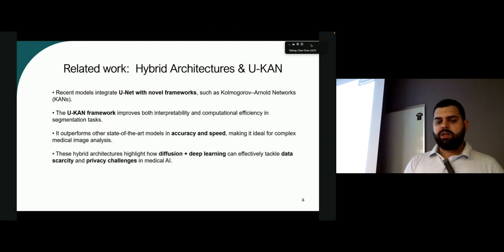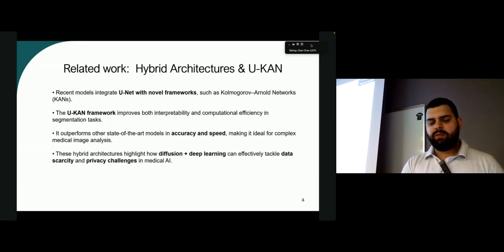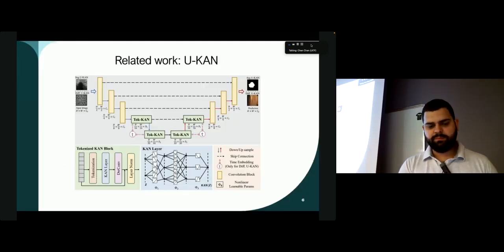By doing this, the UCAN diffusion model was able to outperform state-of-the-art models in accuracy and speed. And it also proved that diffusion models can, in fact, help with medical imaging tasks.